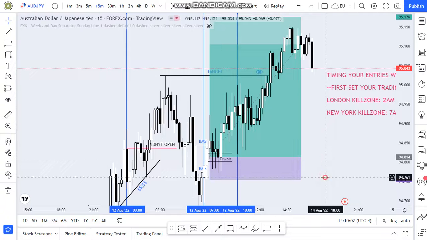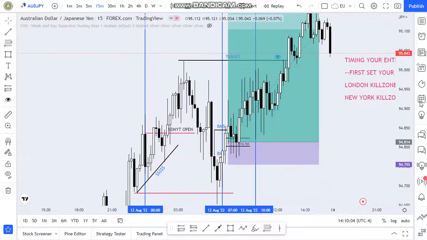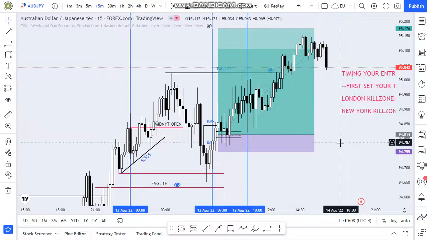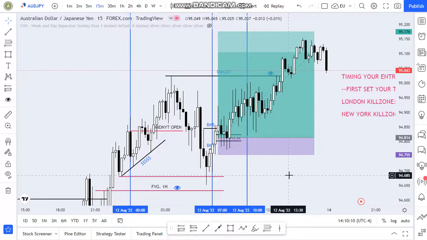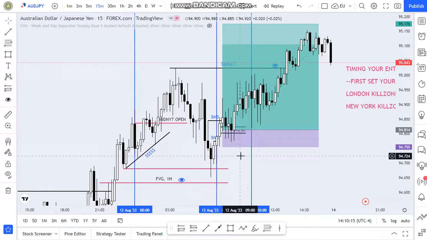That's crazy. If you really want to have very great entries with minimal drawdown, you should be able to time your entries within your kill zone. Don't rush to be in the trade as soon as price is inside your POI.